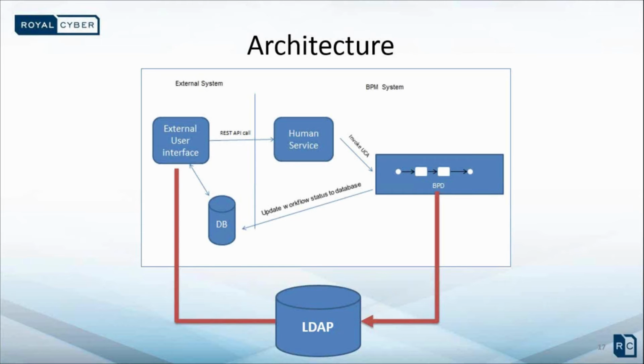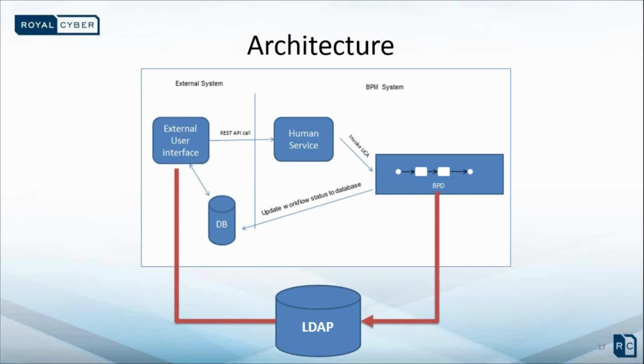So for the maintenance of custom business object information, apart from your process related aspects, that can be maintained over your DB, and that would be cross-referred by the external user interface in case of showing up the task or whatever operation we perform on the external UI.